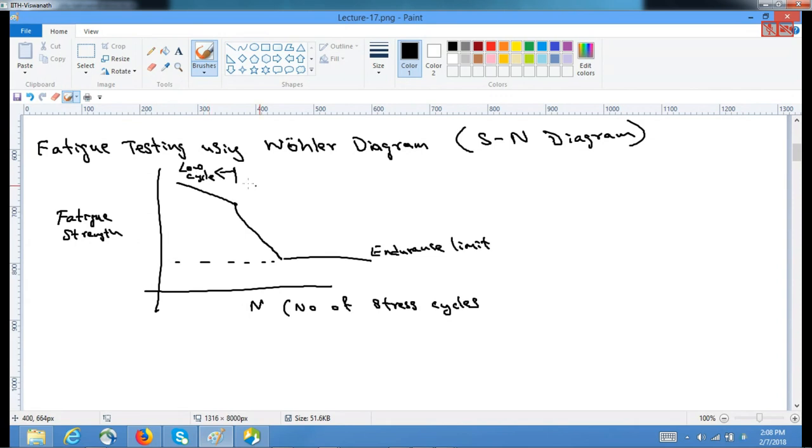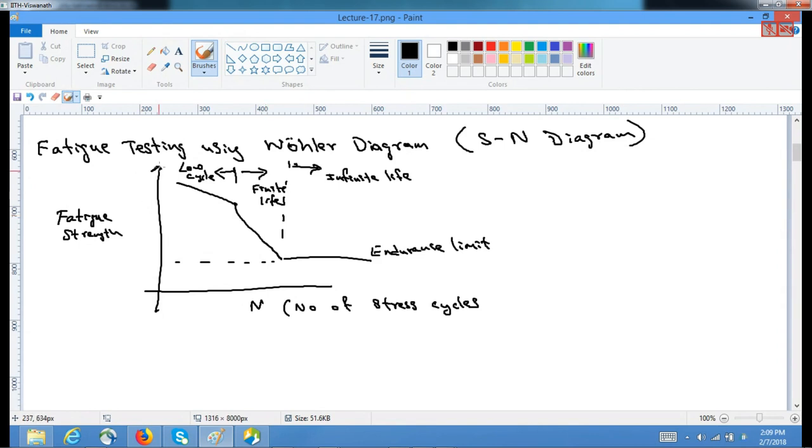This portion up to here is finite life, and beyond this it is infinite life. So this is an SN diagram that can be obtained experimentally.